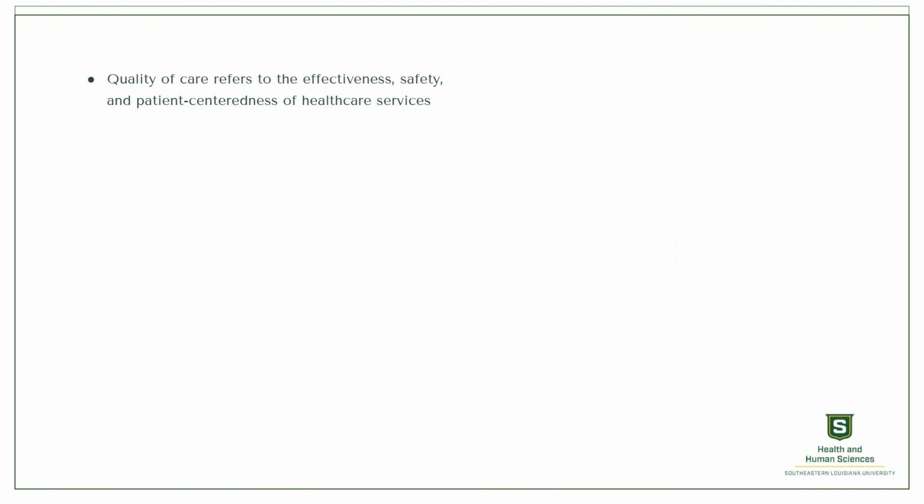So, how does vulnerability affect quality? Let me start by defining what quality of care is. We look at it in terms of the effectiveness, safety, and patient-centeredness of healthcare services that are provided to individuals or to populations.